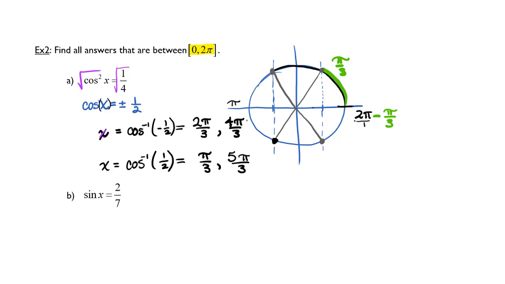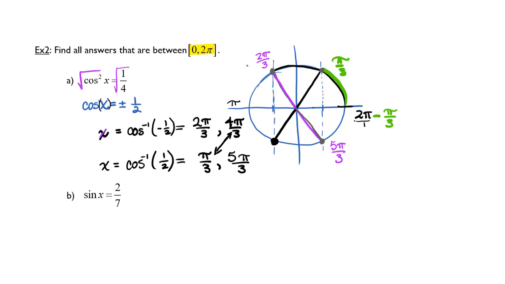If I wanted to represent all solutions, I could say that pi over 3 plus pi k will give me all solutions of the two angles that are exactly 180 degrees apart from each other, or pi, and then the other two angles would be 2 pi over 3 and 5 pi over 3.